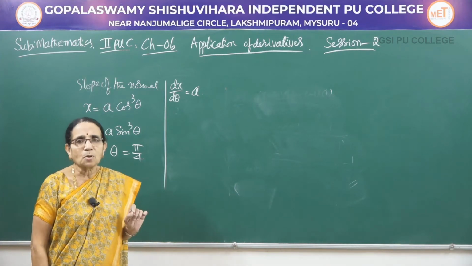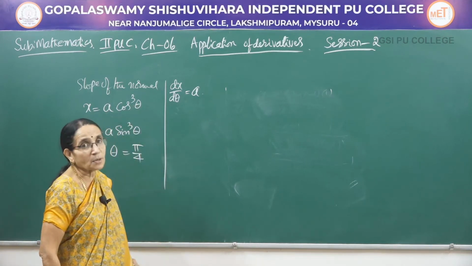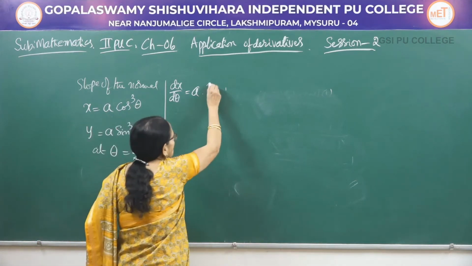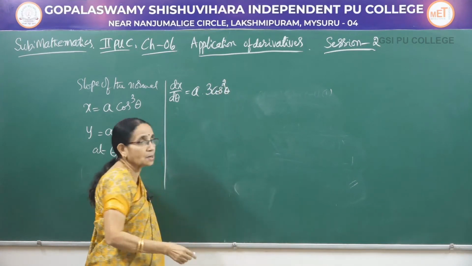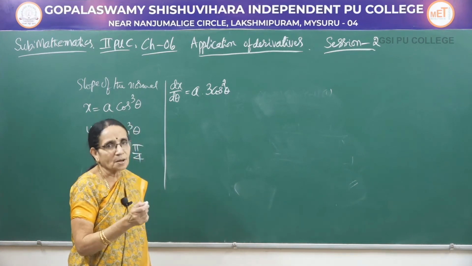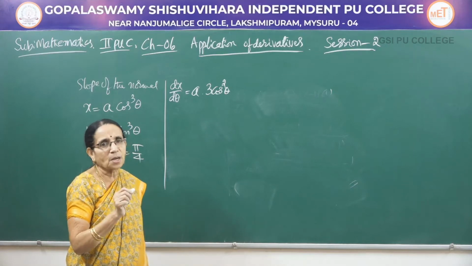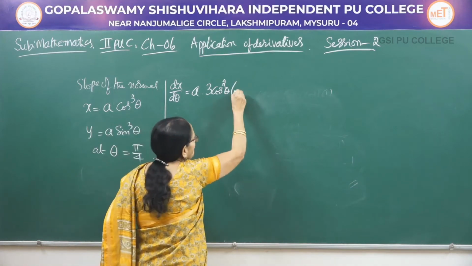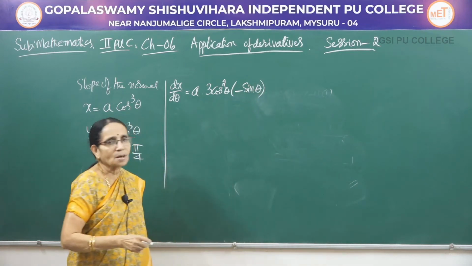So, what rule has to be applied? You have to apply the chain rule. First take that power 3 into consideration. So, cos cube becomes 3 cos square theta, like x cube becomes 3x square. But cos theta, the base being a function of theta, again has to be differentiated, which is minus sin theta. Write it as it is.